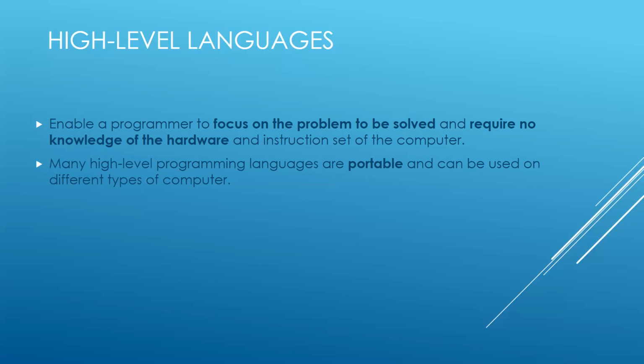There will be no need to change any instructions. It will be used in the same manner because high-level languages are portable. The same language program can be used on different types of computer systems, which makes it very effective and very popular. And the second biggest advantage is that it is portable.